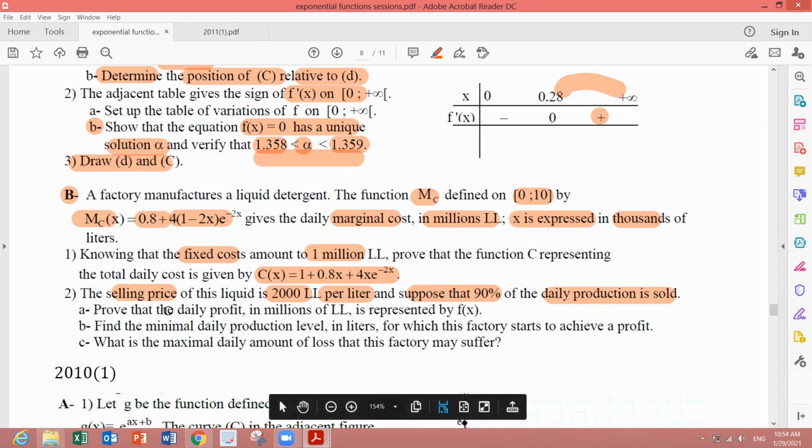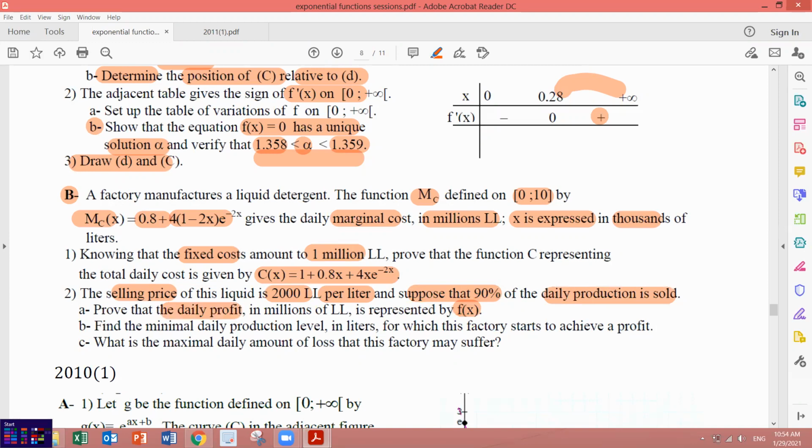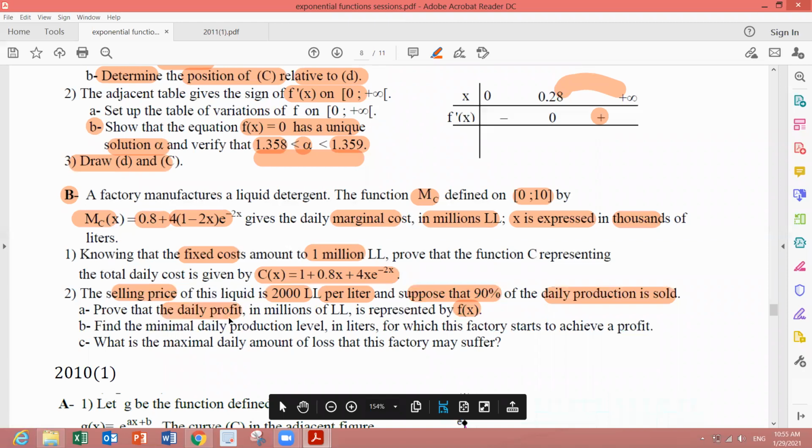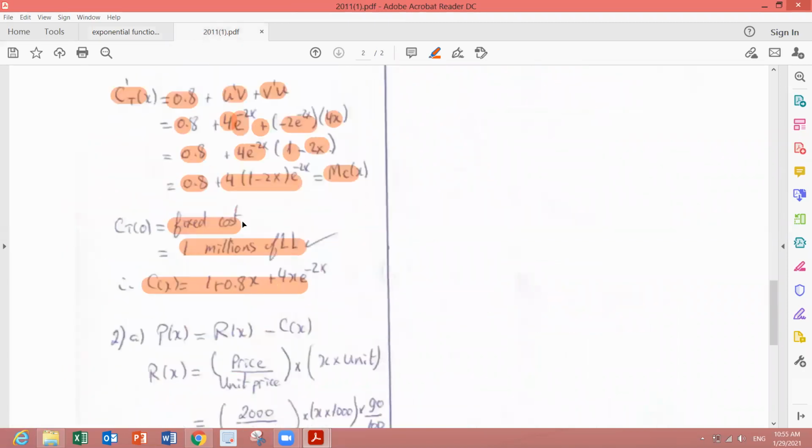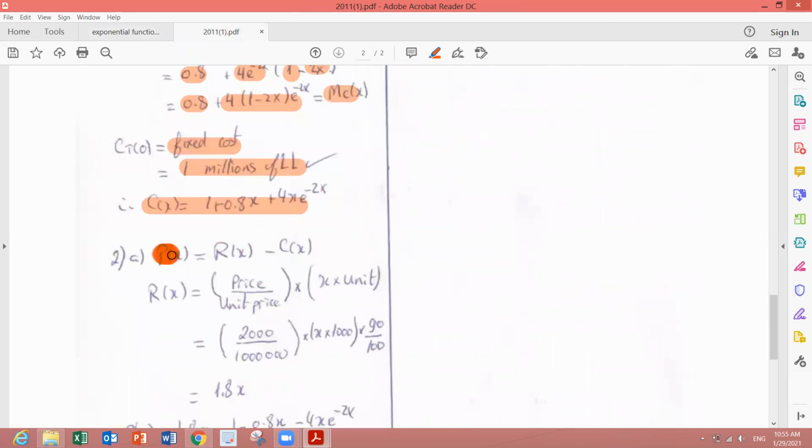Prove that the daily profit is represented by f(x). How to determine the profit? R(x) minus C(x). Daily, okay. We find R(x) first. So the profit equal R(x) minus C(x).